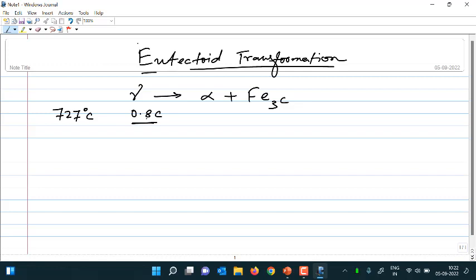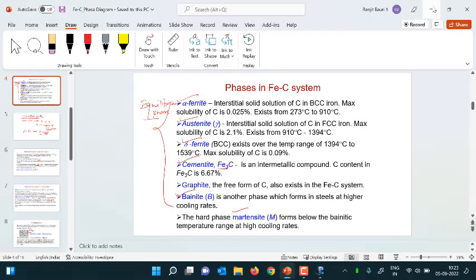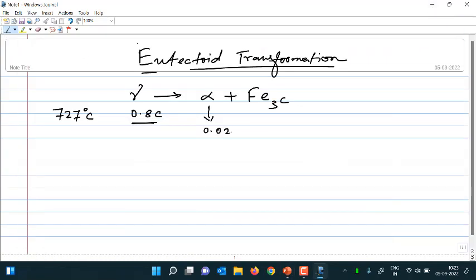Now you could see, although the composition of the solid which is transforming into two new solids is 0.8% carbon, the composition of the individual solids which are forming is very different. One is very low, around 0.02%, or 0.025 to be more precise, and another one is much higher, 6.67% carbon.